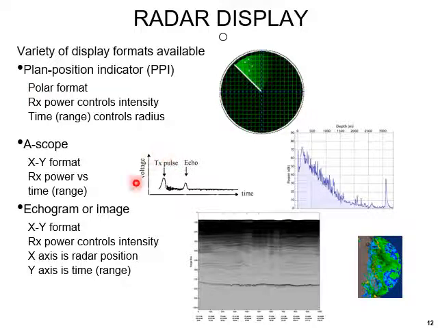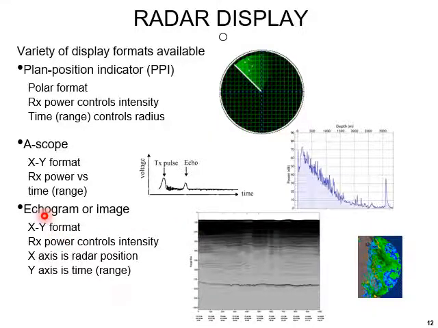Now we have a scope display. It is in XY format: receive power versus time, and time is actually calibrated in terms of distance. This is the transmitted pulse and this is the echo pulse, the received pulse from the target. By measuring this time gap, we can determine the distance.